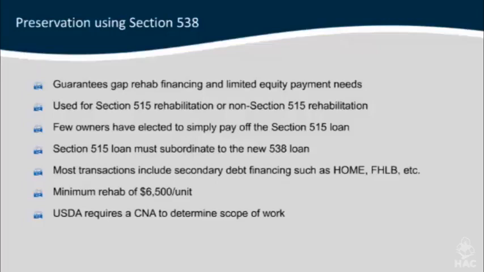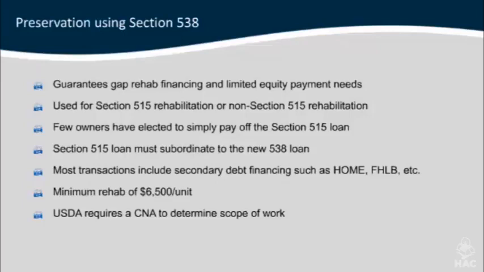It also is being used more and more for Section 515 rehabilitation, but keep in mind it does not have to be a Section 515 property to qualify for rehabilitation. Very few owners have elected to simply pay off the Section 515 loan. However, in some instances, some of the debt can be paid off.